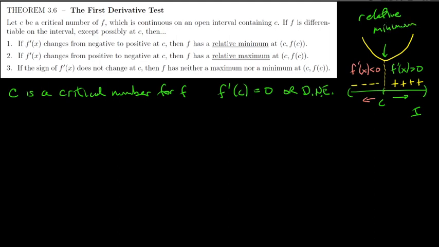And in this case, we know that the derivative is 0 because you have a nice tangent line here. But that's not the only possibility.